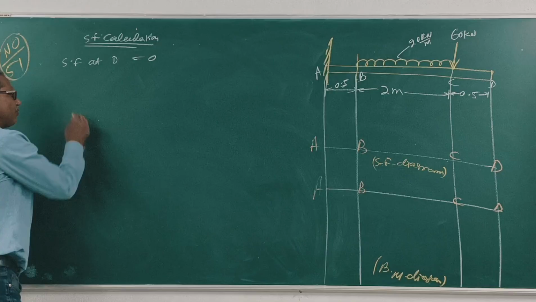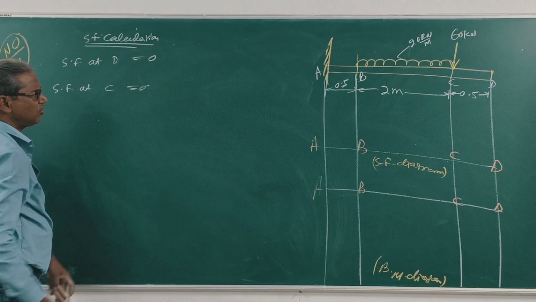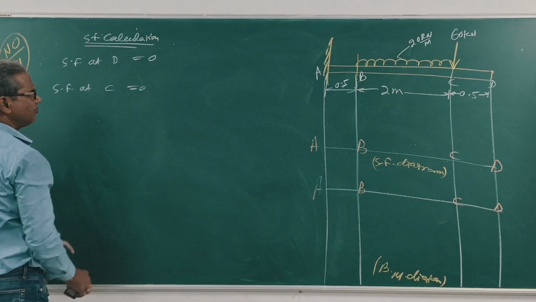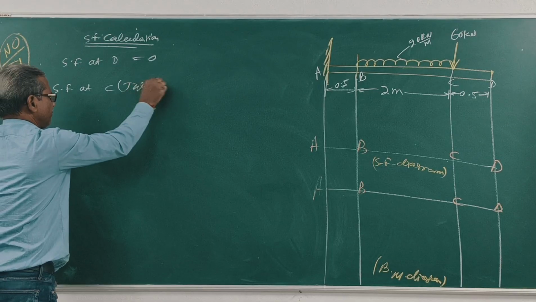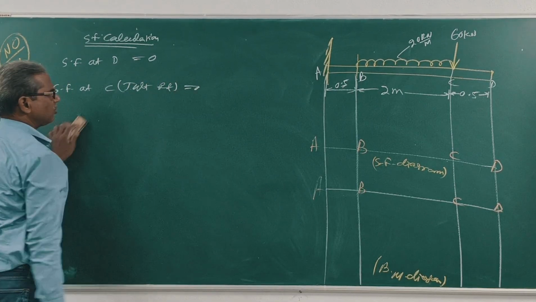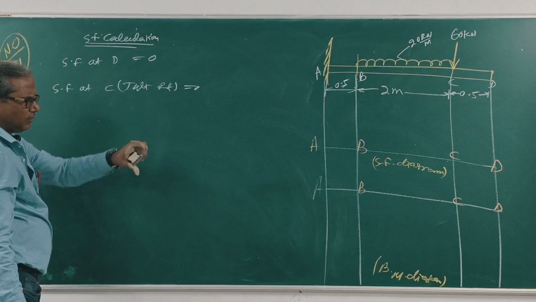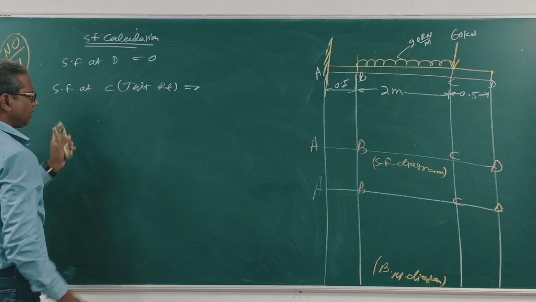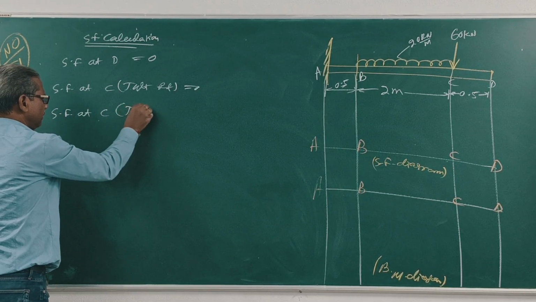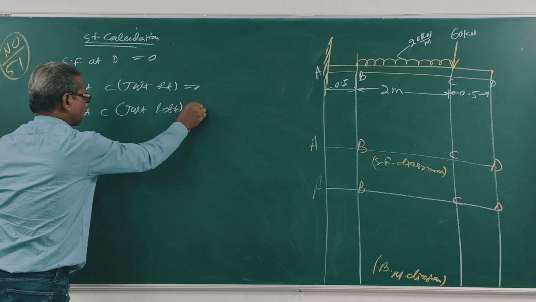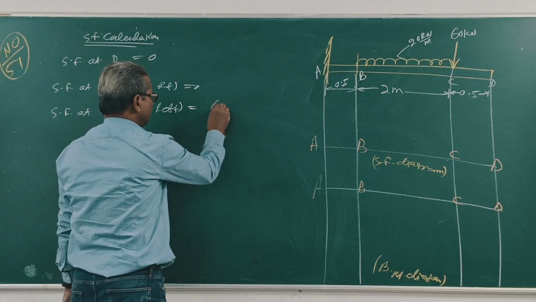Let's see shear force at C, just right, zero. At C, the load of 60 kN is acting, so that will be calculated for left. Shear force at C just left, 60 kilonewton.